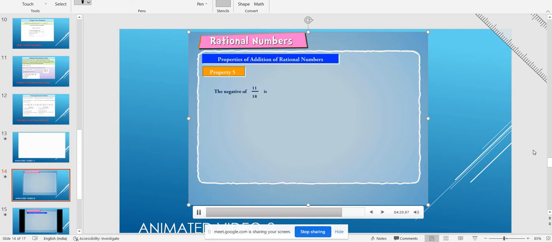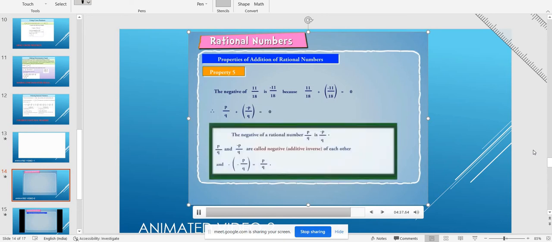The negative of 11 by 18 is minus 11 by 18 because 11 by 18 plus minus 11 by 18 is equal to 0. Therefore, p by q plus minus p by q is equal to 0. Hence, the negative of a rational number p by q is minus p by q.